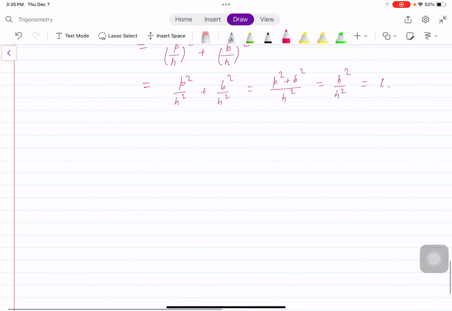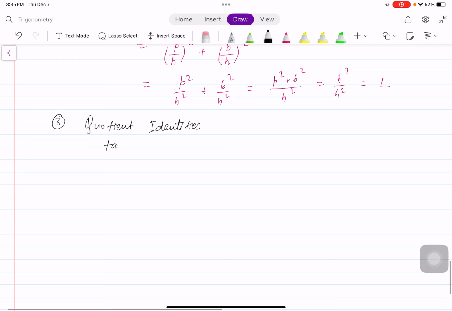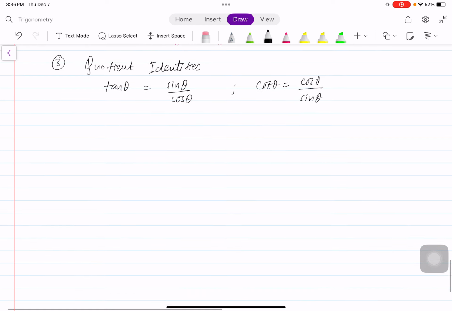Number three is quotient identities. The identities we are discussing right now are very important. Tangent equals sine theta over cosine theta. Can you say a similar expression for cotangent of theta, since they are reciprocals of each other? So this relation holds. You may choose to write it in different forms, but we normally choose sine and cosine.